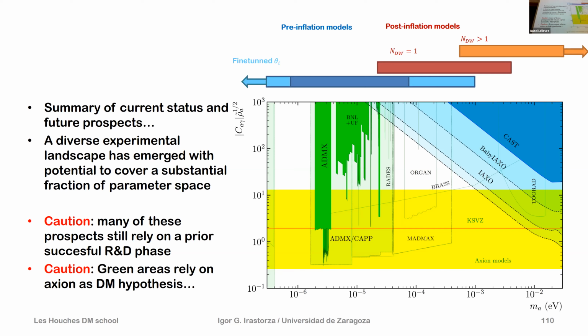It's the same process. You have a static magnetic field, and the axion wave transforms into a photon. The photon is a resonant state of the cavity, but basically it's the same. All of these experiments are looking at the same phenomenology of the axion.